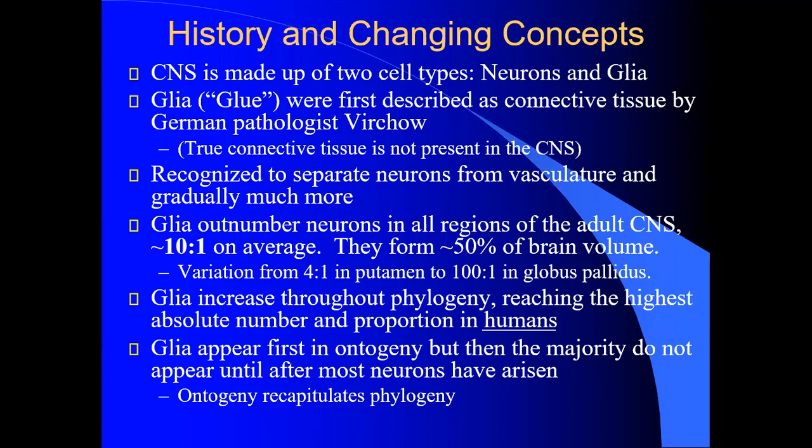The glia also appear first in ontogeny, that is in the development of the fetus. But then the majority of glial cells will appear after all of the neurons have arisen. And we will also periodically use this principle that ontogeny recapitulates phylogeny. You see the phylogeny occur in the development of the embryo.